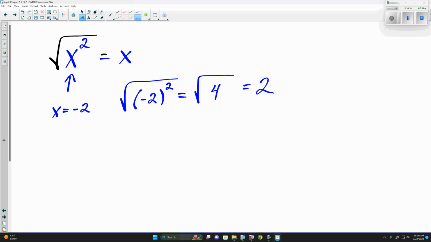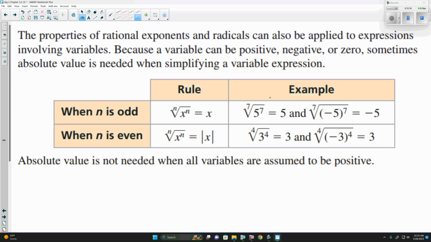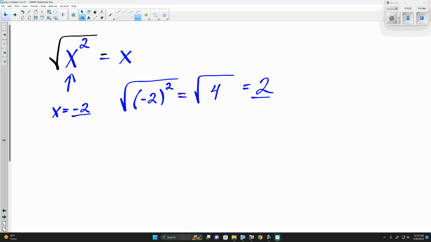So is the x that we started with the same as the x that we ended with? No. And if we look at this here, when x is even, we take the even root of an even power. What we get is the absolute value of x. And if we look back at what we had, so the x that we started with is negative 2. If I take the absolute value of negative 2, we get 2, and it will match with what we have.